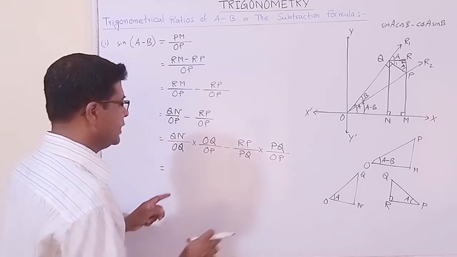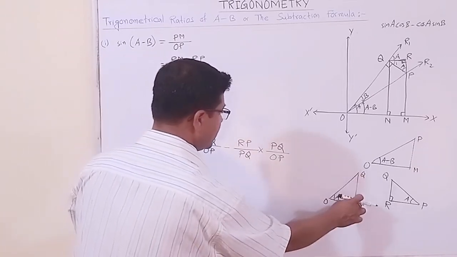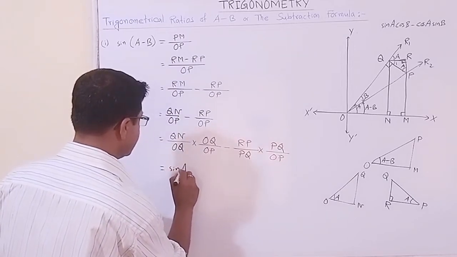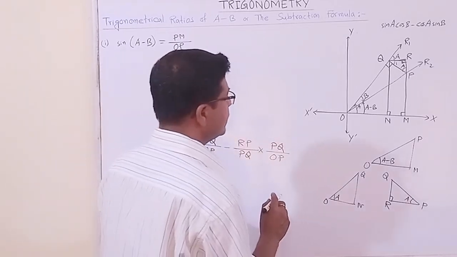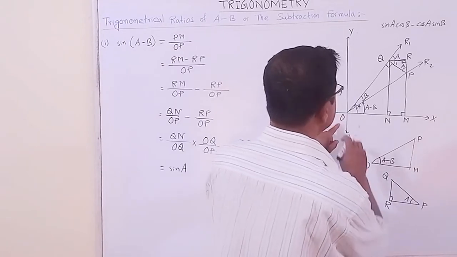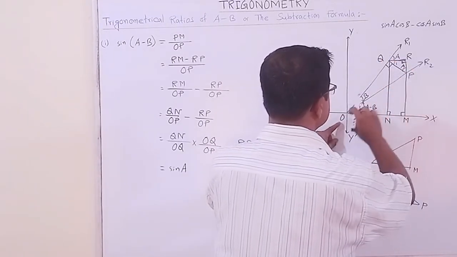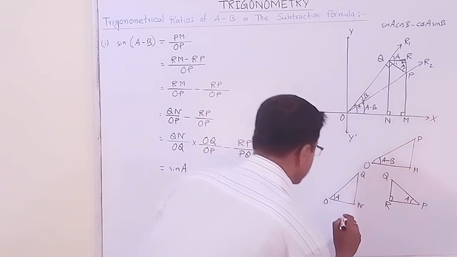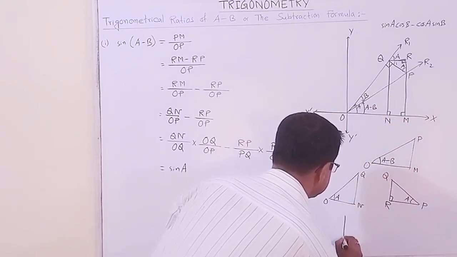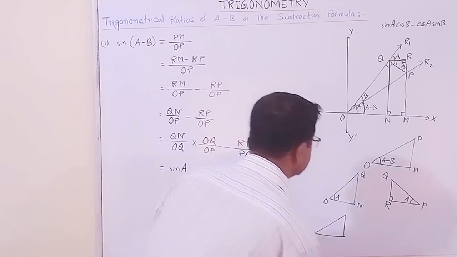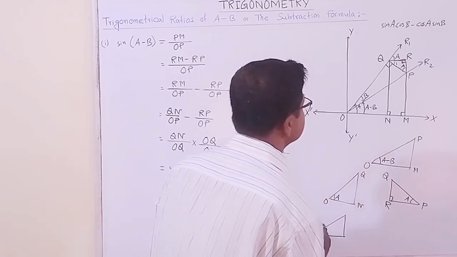Now in this triangle you see, what is QN by OQ? It is sine of A into OQ by OP. Okay, so this is the triangle. I am drawing the triangle here again. I am drawing each triangle individually so that you can understand.